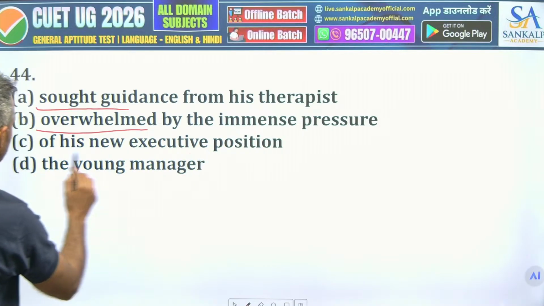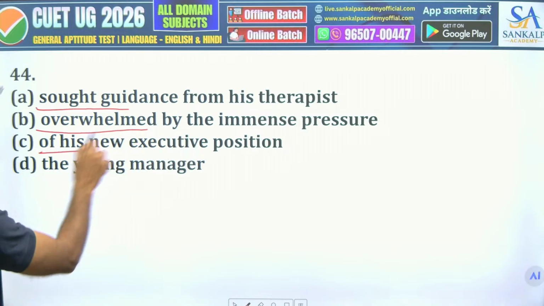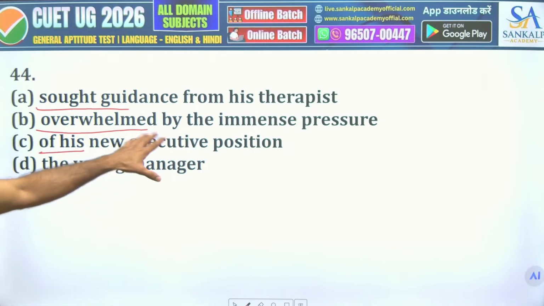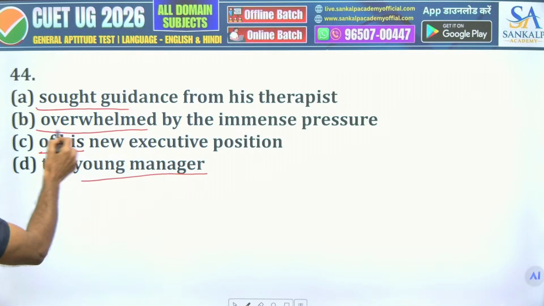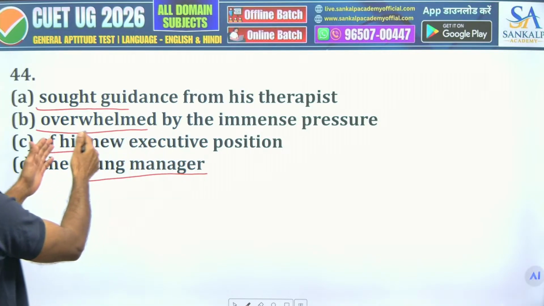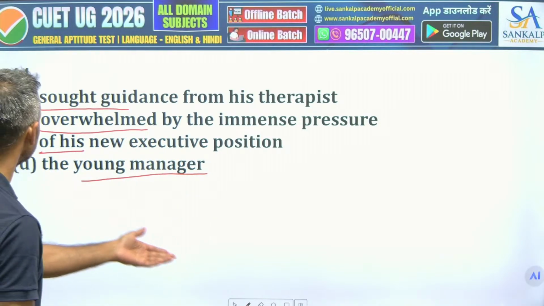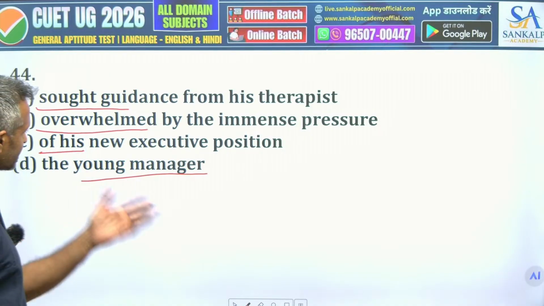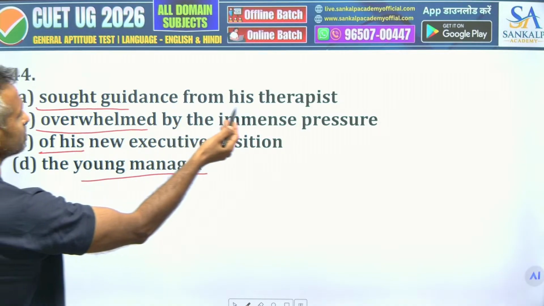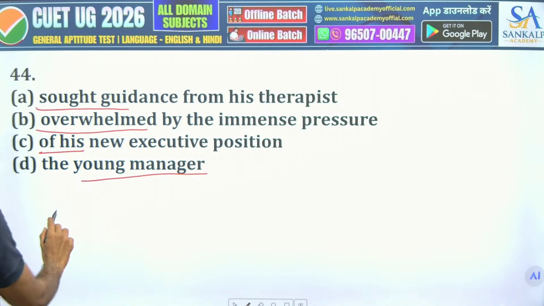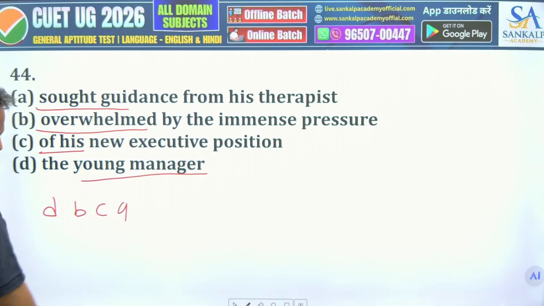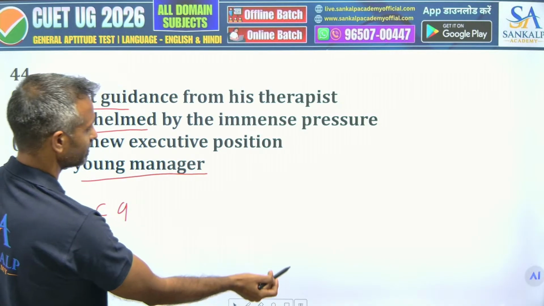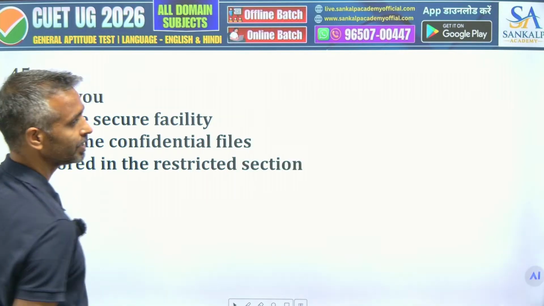So this pressure, we can connect with this preposition. So the young manager, who is the manager? Who was overwhelmed by the immense pressure of his new executive position, sought guidance from his therapist. All right, so it is D, B, C, A. Good, we did it.